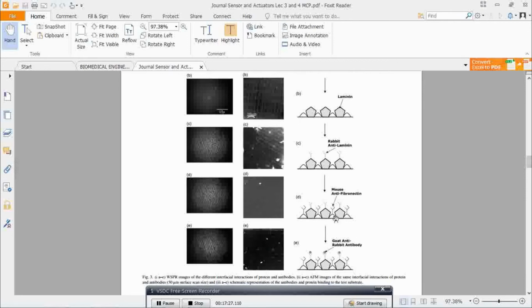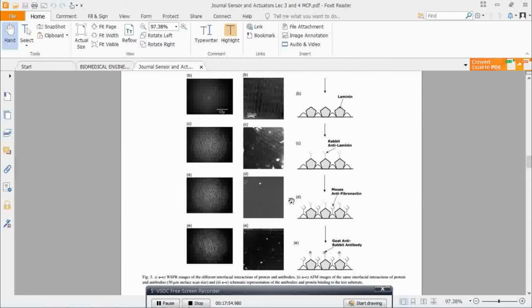Okay, now is a good way to test where we focus on the fibronectin, to show whether the attachment on the fibronectin will reduce the contrast. Yes, it does. When we put the mouse anti-fibronectin, that means antibodies coupled to fibronectin, you can see the patterns become less visible.